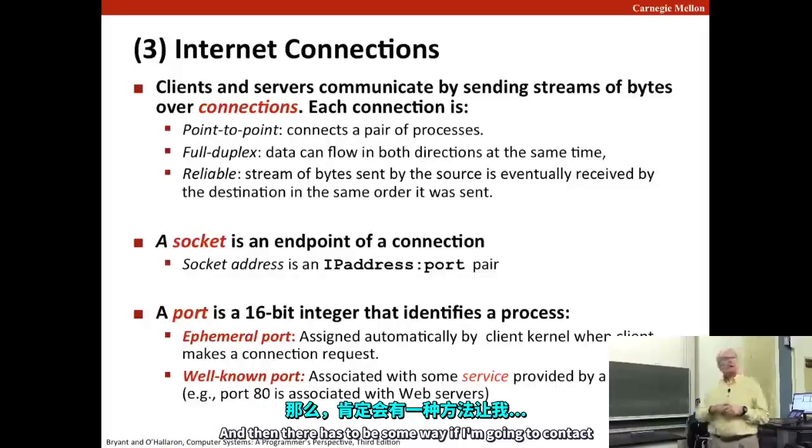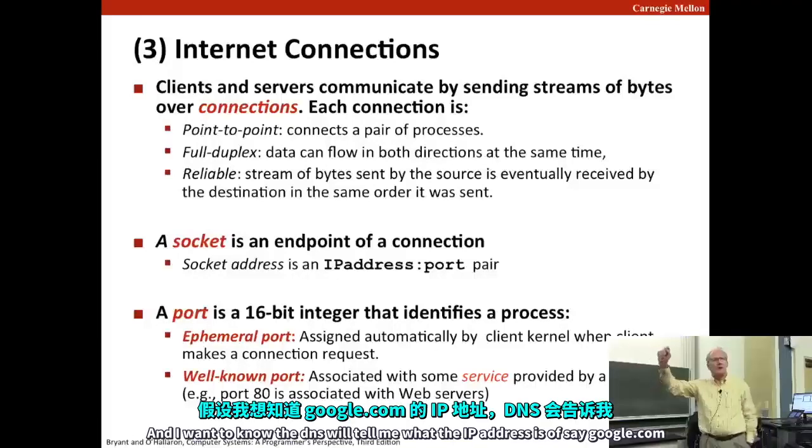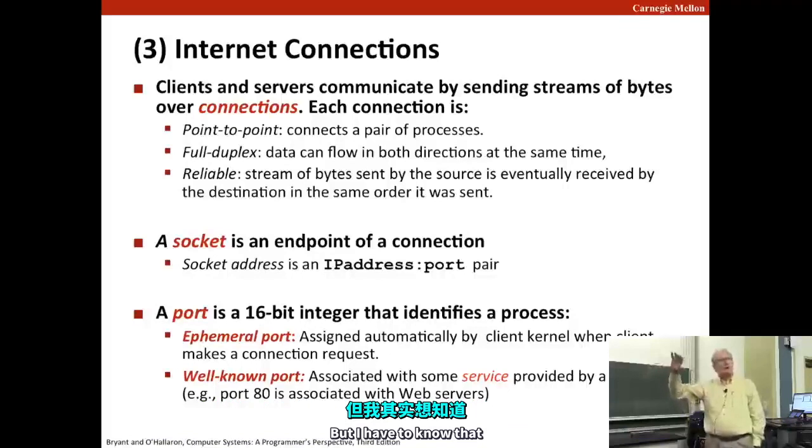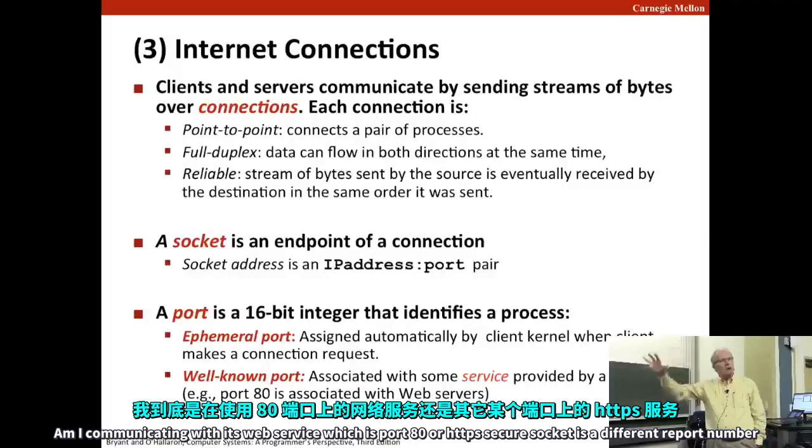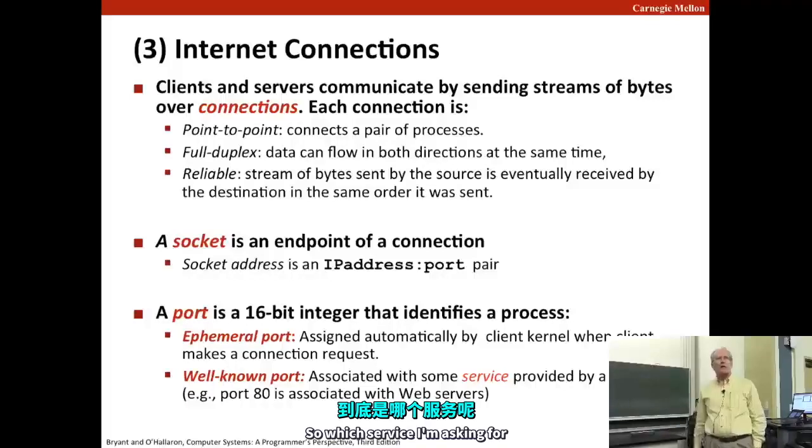And then there has to be some way to specify the service. DNS will tell me the IP address of, say, google.com, but I have to know whether I'm communicating with its web service, which is port 80, or HTTPS, a secure socket, which is a different port number. So, which service am I asking for?